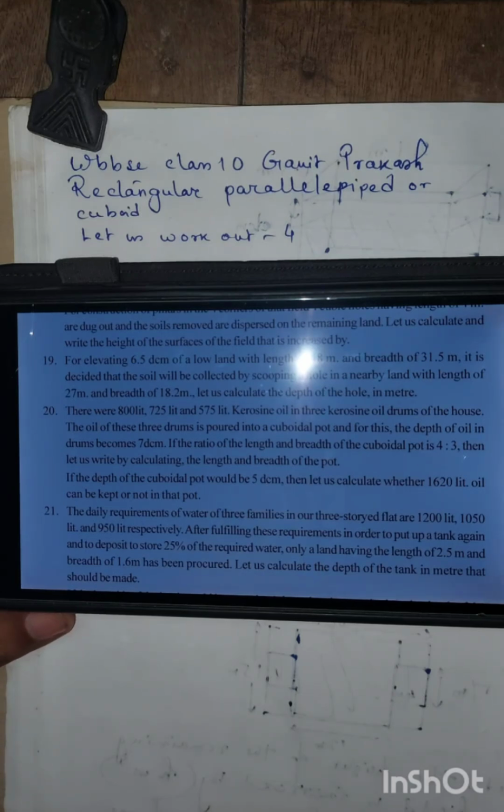Now, question number 19 says, for elevating a lowland by 6.5 decimeter, with a length of 48 meter and a breadth of 31.5 meter, it is decided that the soil will be collected by scooping a hole in a nearby land.